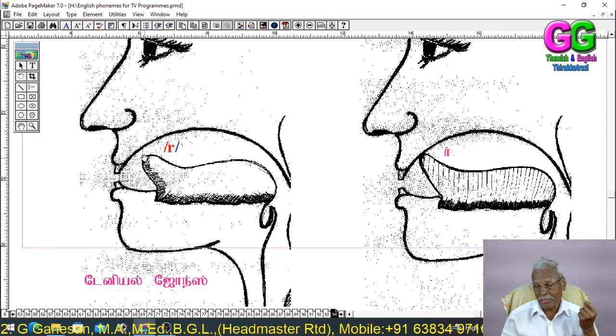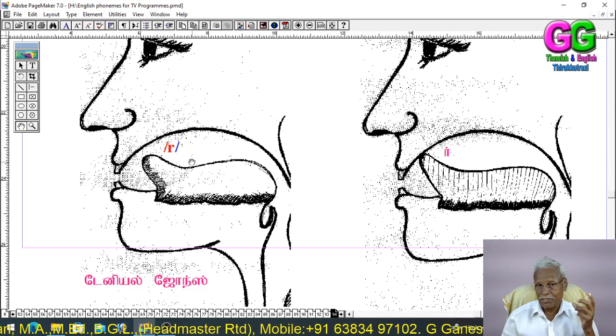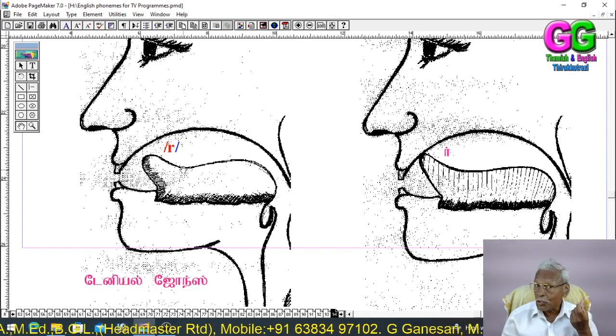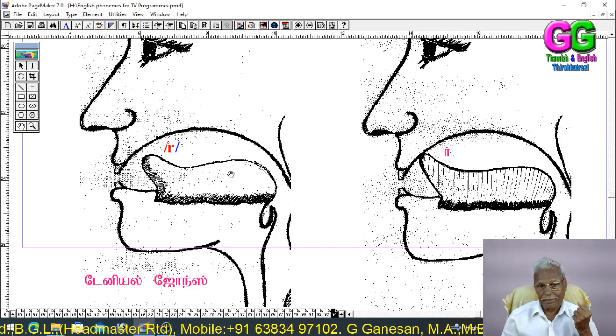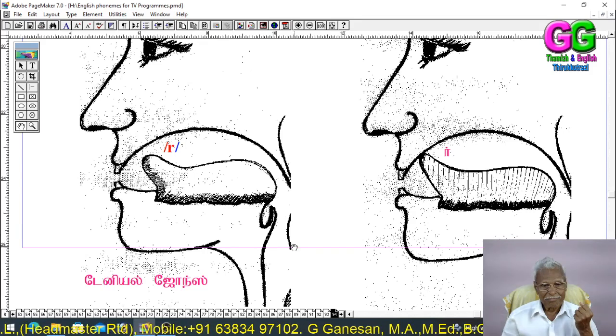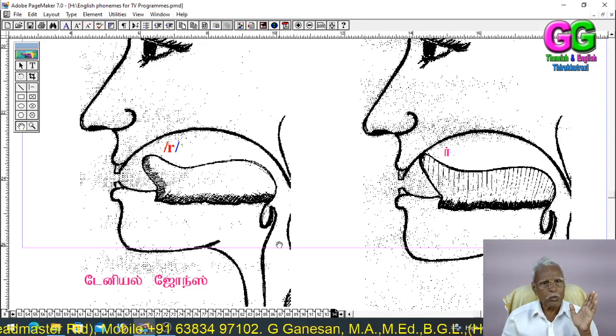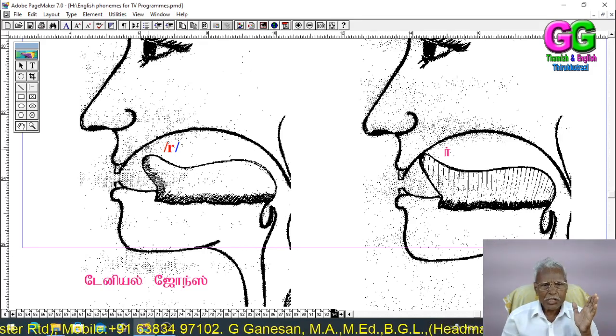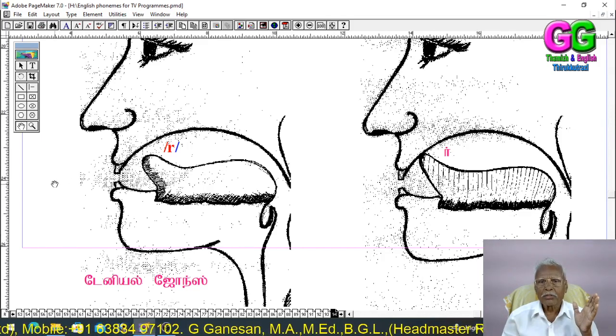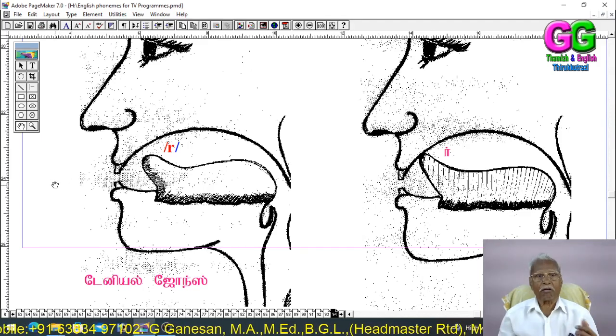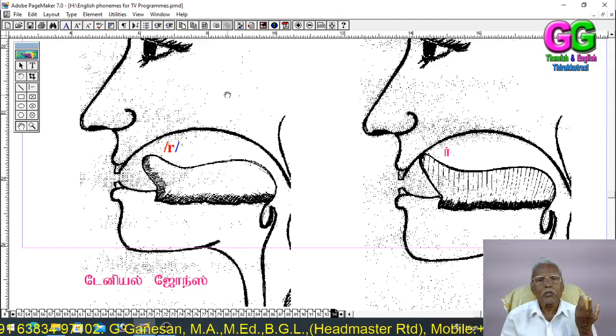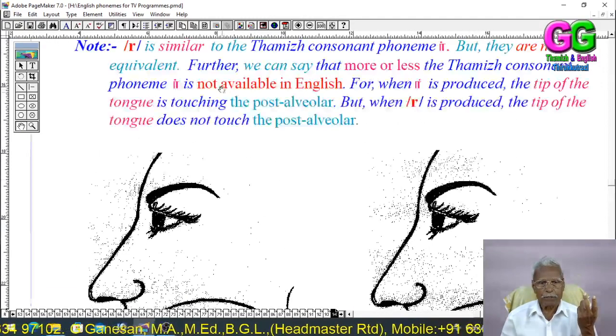The tip of the tongue is held near, not close enough to the palate, the center of the tongue is lowered, and the entire tongue is narrowed. The air pushed out by the vocal cords automatically escapes this way, producing the phoneme R. This is the way R is produced.